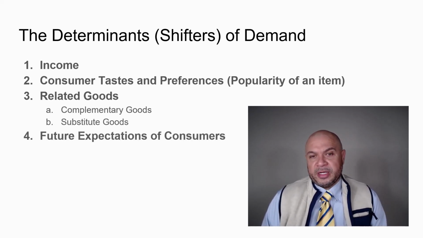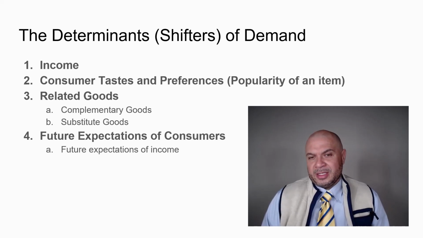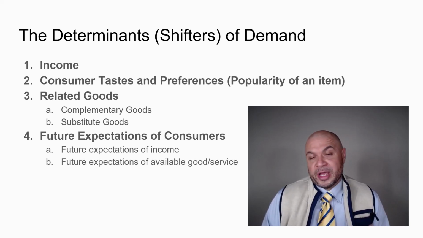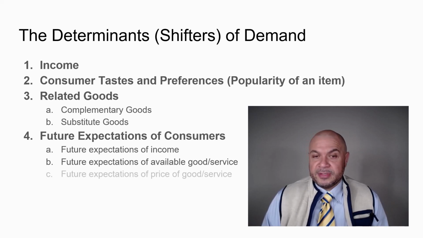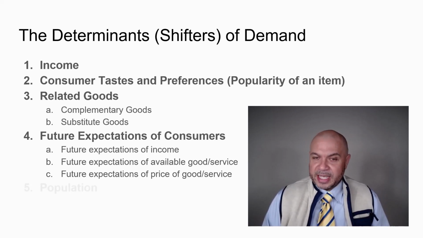The fourth determinant or shifter is future expectations of consumers, and that's broken down into 3 categories as well. So this is another one that tricks students up if you let it. Future expectations of income, future expectations of available goods and services, future expectations of price of goods. So if the good or service that we want is going to be cheaper in the future, that's going to impact our demand for that good today.